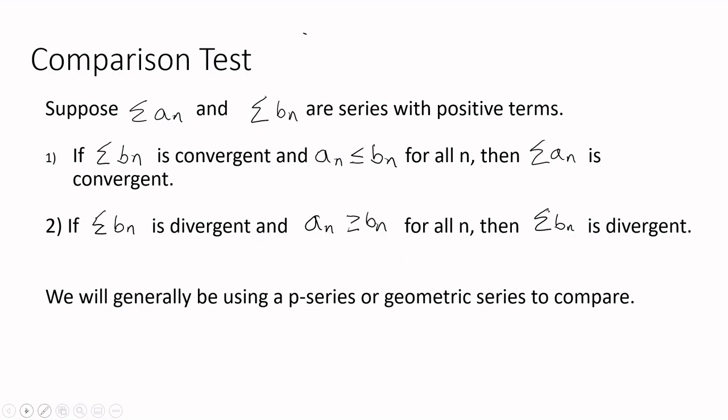Okay, so what is the next test? The next test is the comparison test. So how do we use the comparison test? Well, we're going to be given a series, and what we want to do is figure out a series that the one we're given kind of looks like, and one that we actually know about. So we're going to compare our series to a known series.